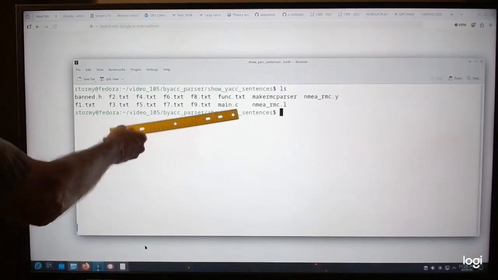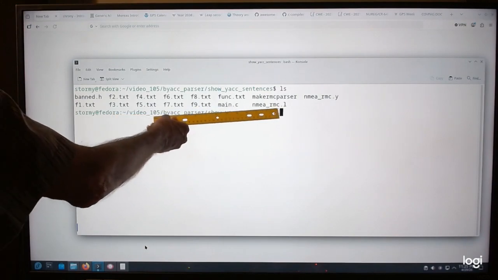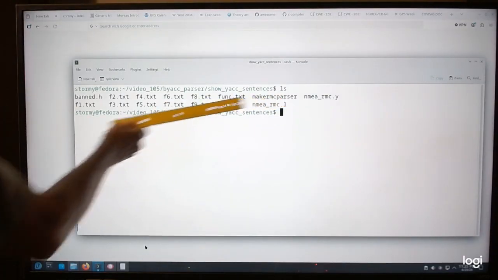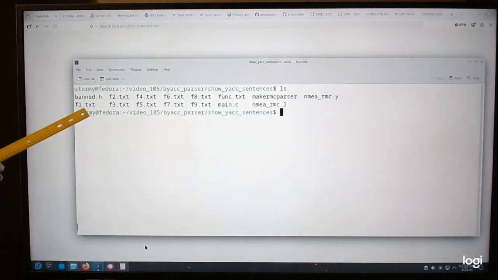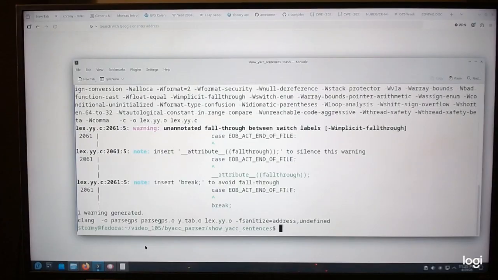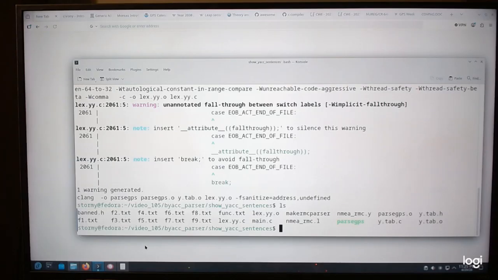Here's my main, my lecture, my Yacc, and my makefile, and I'm going to use that sample input file right here. I just run make clean, make sure it's clean, and then let's make it, and let's run that parser.